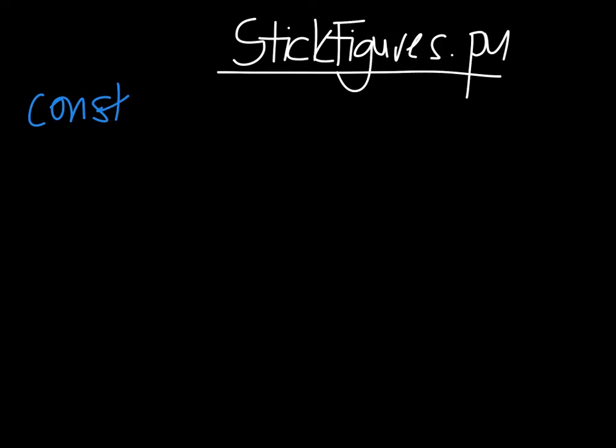So imagine this canvas in front of you is the stick figures Python file. Okay, so that's what we're inside. So the very first thing is we really need a constructor. So the first question is our constructor.